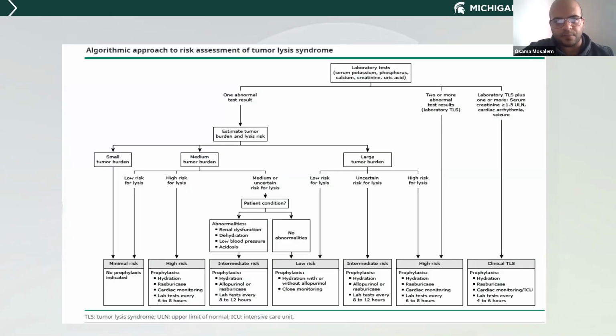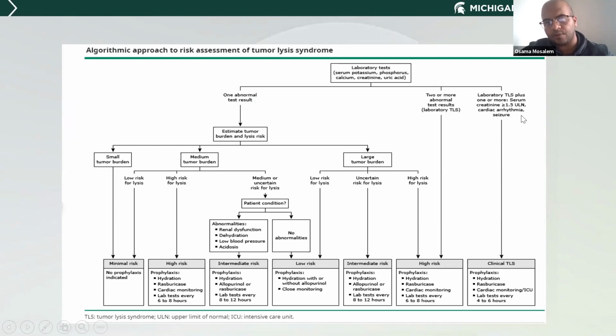This was an algorithm from UpToDate on how to classify your patients into high risk and low risk. So it depends on the lab tests. Once you diagnose or suspect tumor lysis syndrome, if you have 2 abnormal lab results and it's a high-risk malignancy, then you start prophylaxis with hydration, rasburicase, and cardiac monitoring, with labs every 6 to 8 hours.